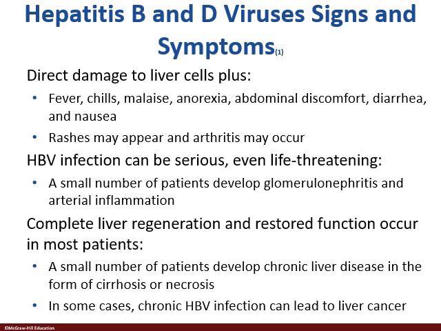They will talk about malaise, anorexia, diarrhea, nausea. Hepatitis B can progress as this abdominal discomfort, diarrhea, nausea starts progressing. We also see that there is some kidney interaction.